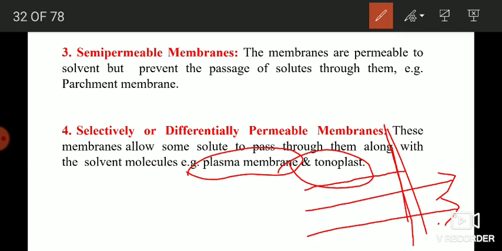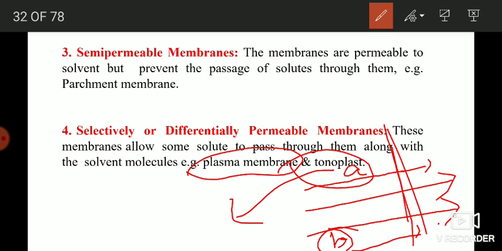Say this is a solute named A and this is a solute named B. This membrane allows solute A to pass through it, but it does not allow solute B to pass through it. So selectively or differentially permeable membranes are those which select some ions and molecules to pass through them, and do not allow all the molecules and ions to pass.